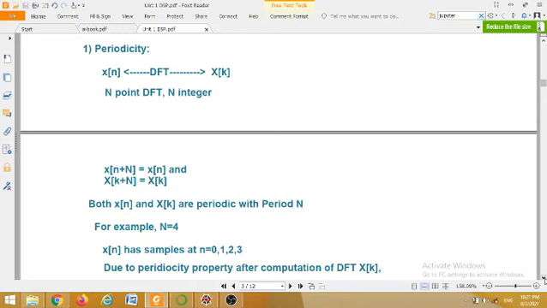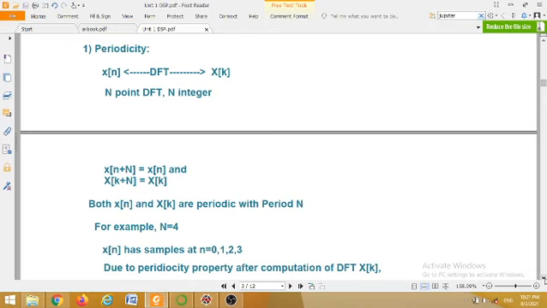Both x of n and X of k are periodic with period N. So x of n plus capital N equals x of n and X of k plus capital N equals X of k. They will be repeating periodically.